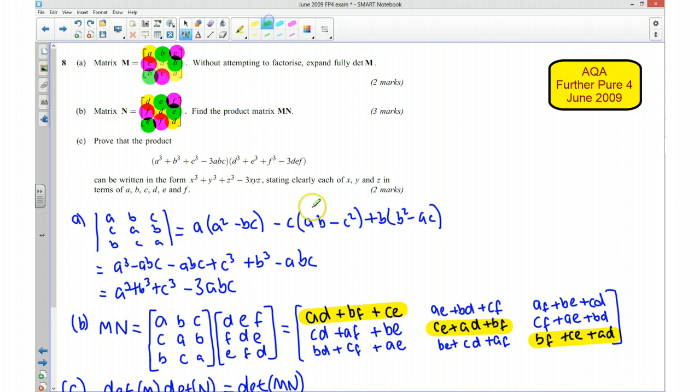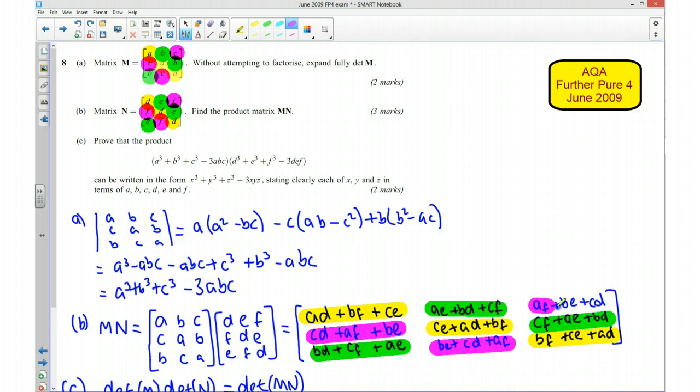And I've got BD plus CF plus AE over here, and over here, and actually those are going to be the same as each other. And finally, CD plus AF plus BE, CD plus AF plus BE, and CD plus AF plus BE over here as well.